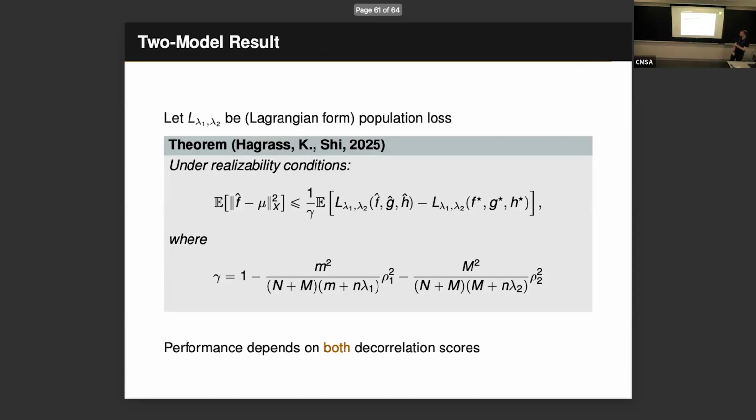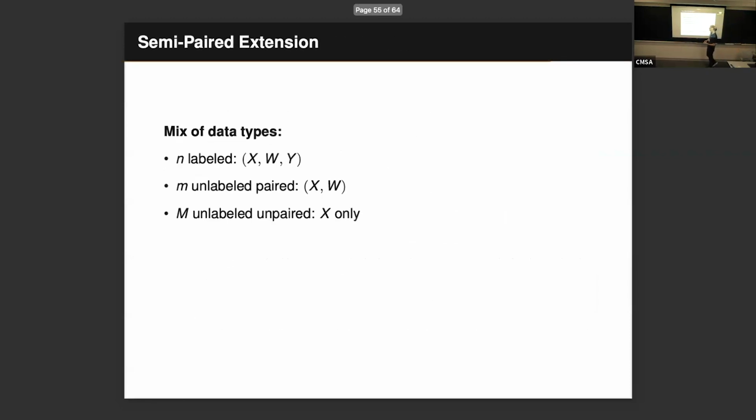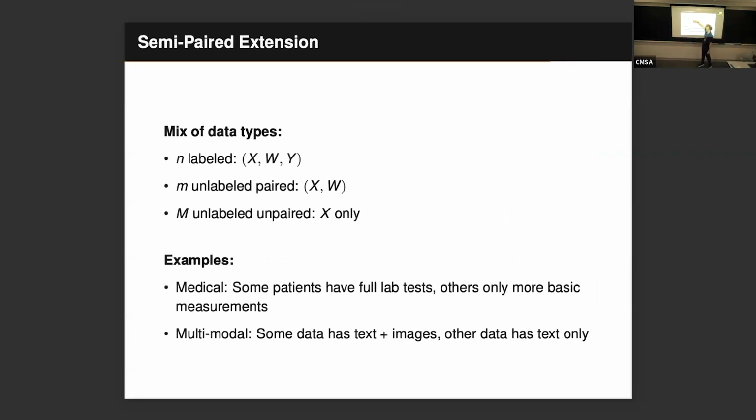But again, you get very much the same story: if both of these correlations are strictly less than 1, then you can almost treat this as if you're working with the total number of labeled samples, which in this case is going to be n plus m, capital N plus m data points in total.